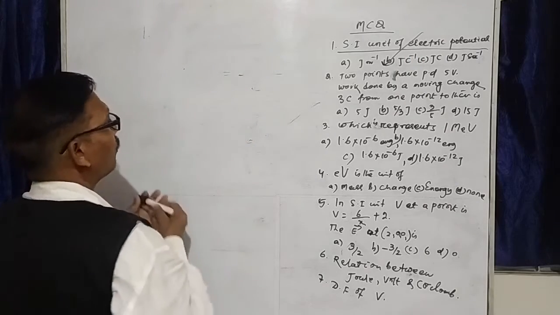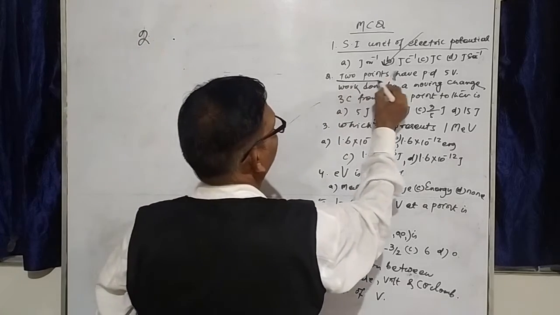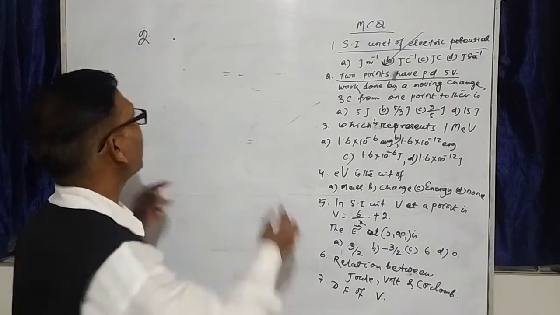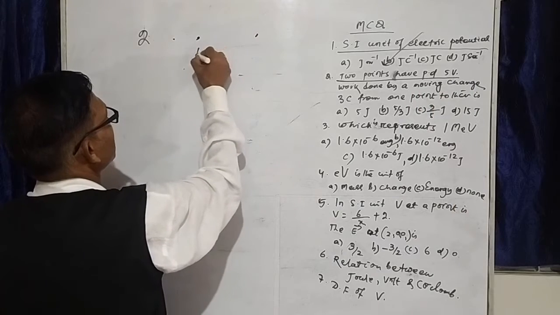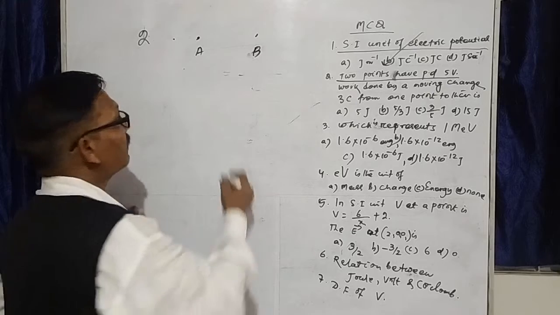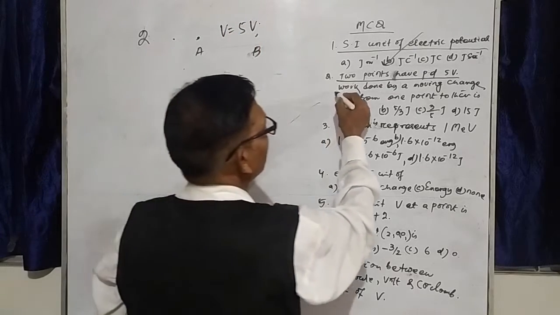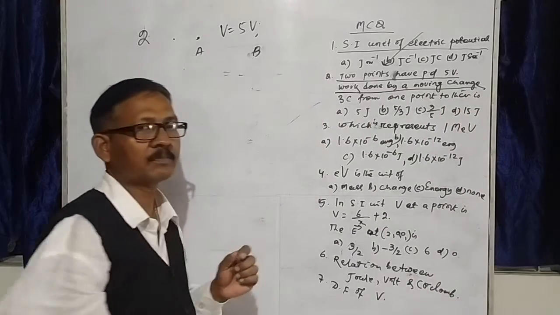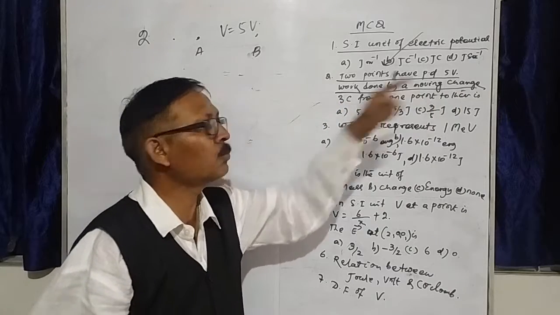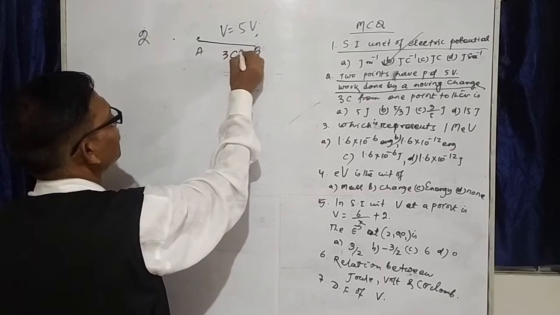Question number 2. Two points have a potential difference of 5 volt. Work done by a moving charge of 3 coulomb from one point to the other.